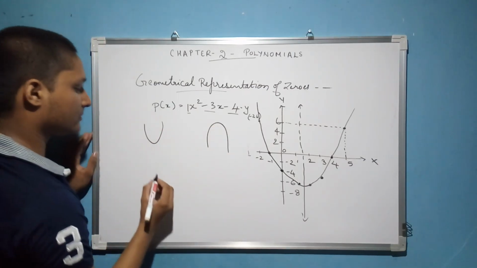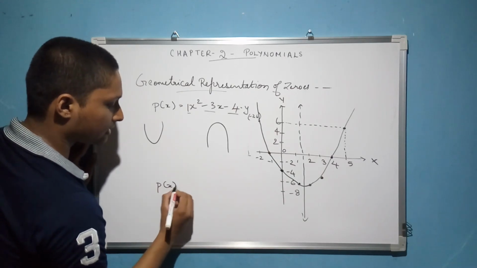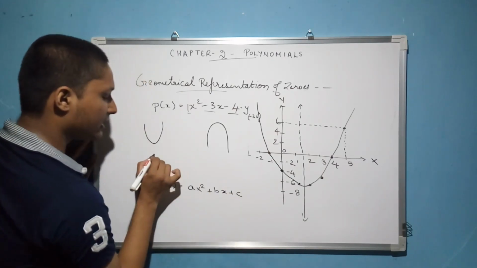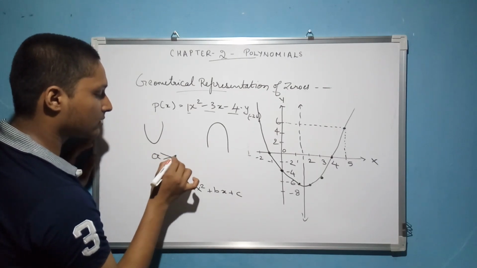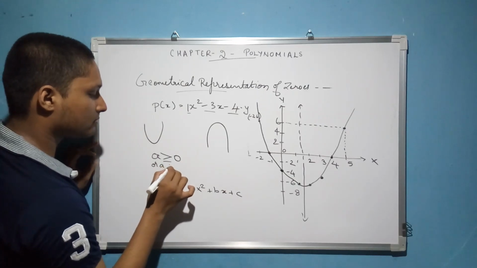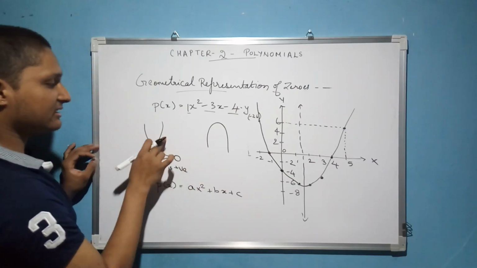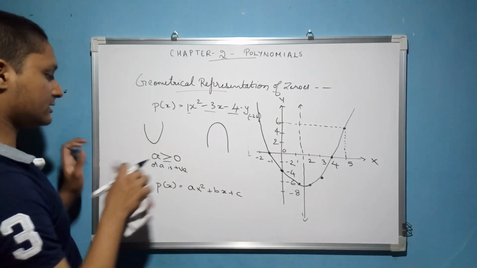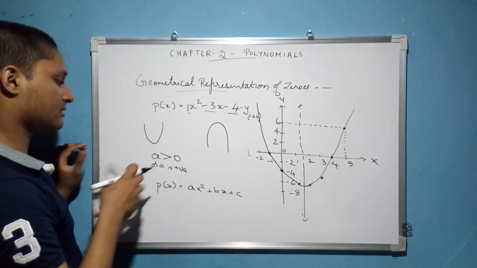If you have a quadratic polynomial, that is ax square plus bx plus c, and a is greater than 0, or a is positive, then you'll get a graph like this.